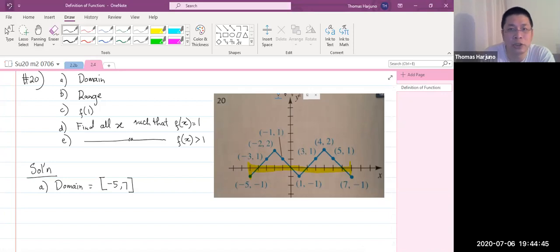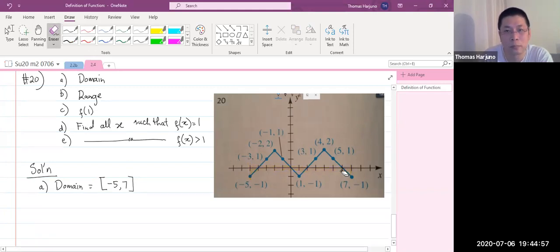The range is all the possible y's. What are the values of y we can get in that graph? I think the minimum is -1. It goes up all the way to here, right?